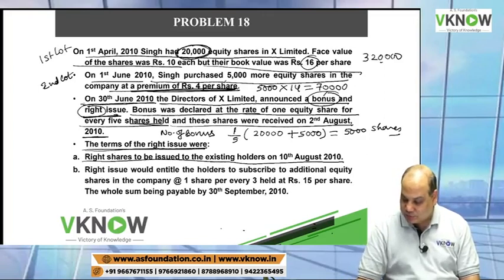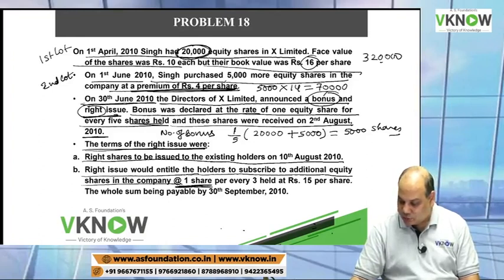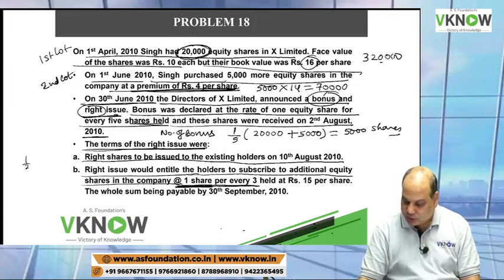The terms of the right issue: right shares will be issued to existing shareholders on 10th August. Right issue would entitle the holder to subscribe to additional equity shares in the company at the rate of 1 share for every 3 held. So 1 by 3, 20 we are already holding in beginning, plus 5,000 purchased and plus 5,000 bonus shares.